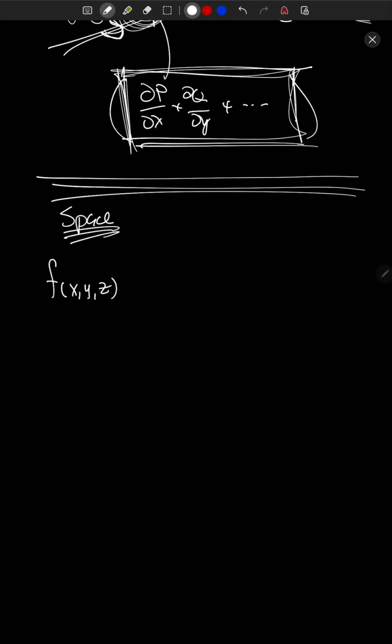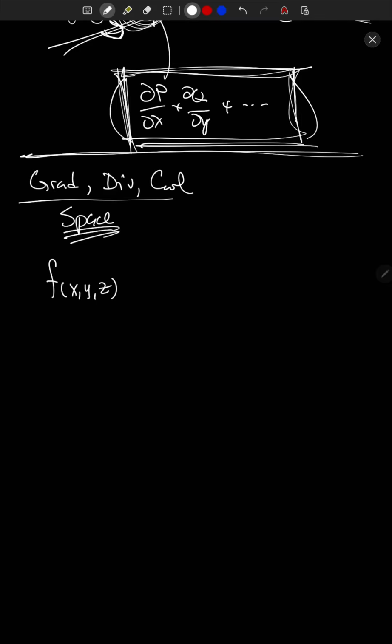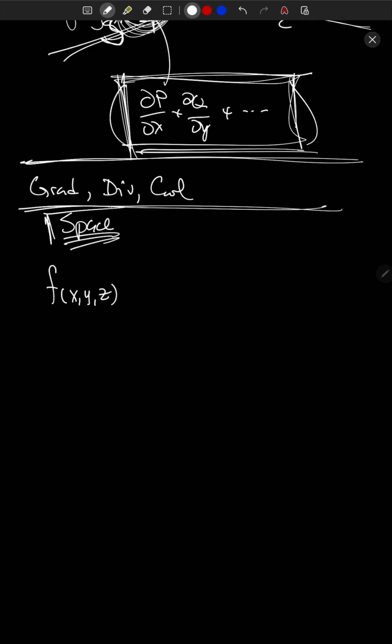Let me give this a title: gradient, divergence, and curl. I'm going to try to tie these three together, to give you an idea of how all these things are related to each other. This only works in space, and we'll see why. Also in this discussion, we'll see why the curl is something that only lives in space.